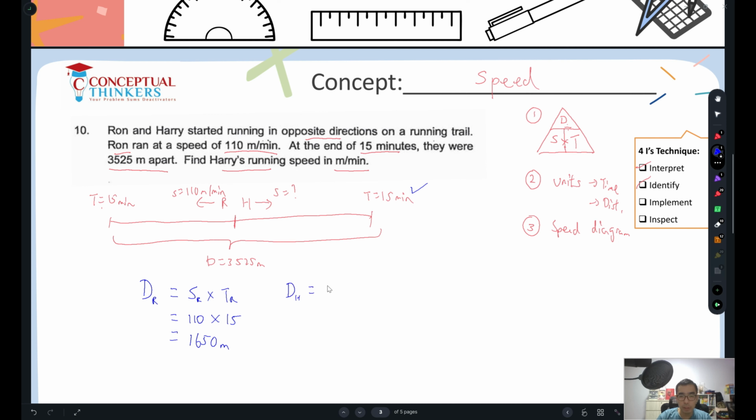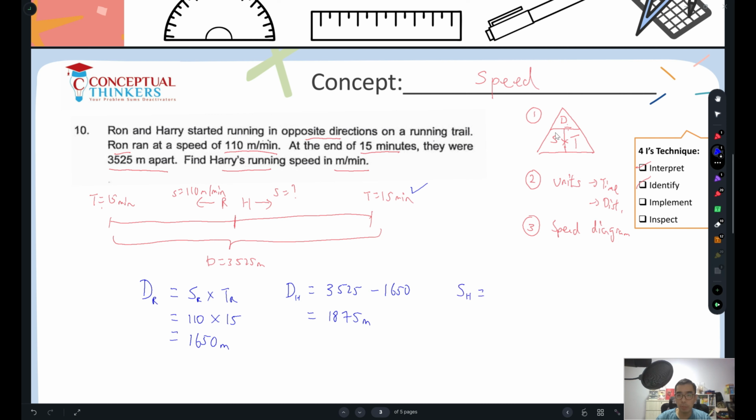So I take the total distance 3525, I minus away 1650, which is the distance covered by Ron. Let's do a subtraction. I will end with 1875 meter.